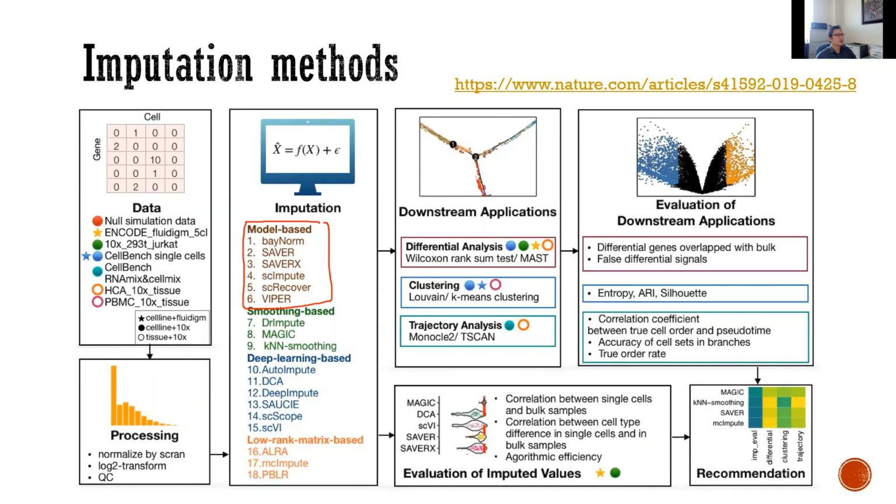And we have expression data from different cell types and maybe different single cell RNA-seq technology. You can do basic normalization and transformation QC, and then there are many imputation methods that can be used, and there are smoothing based and deep learning based, and this is matrix decomposition based, but a lot of these also are based on the modeling of data.